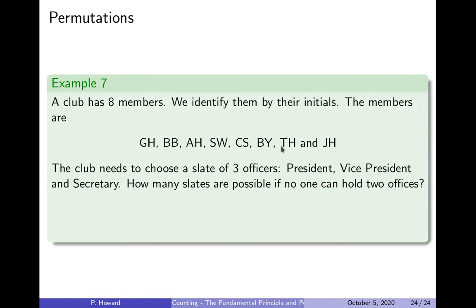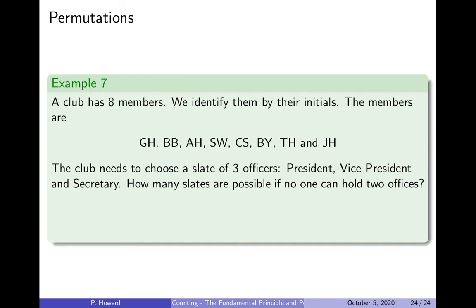Okay, another example. The club has 8 members who we are identifying by their initials. The club needs to choose a slate of 3 officers, president, vice president, and secretary.